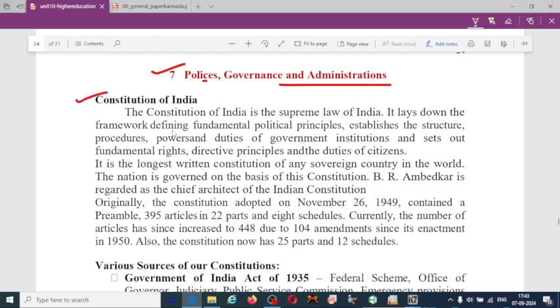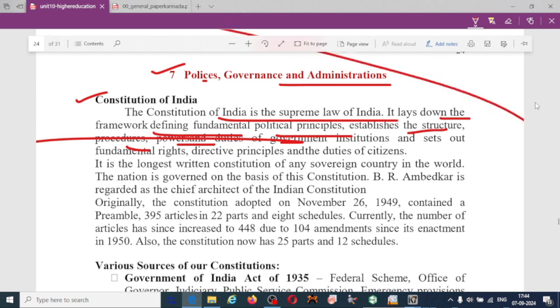First, Constitution of India. Constitution of India is the supreme law of India. It lays down the framework defining fundamental political principles, establishes the structure, procedures, powers, and duties of government institutions.